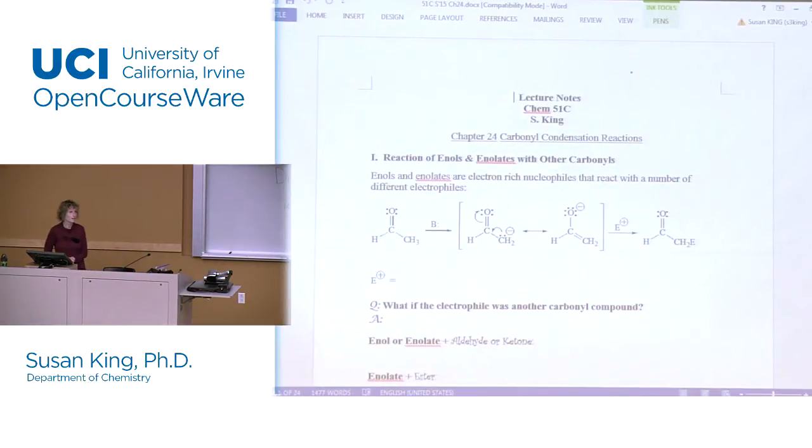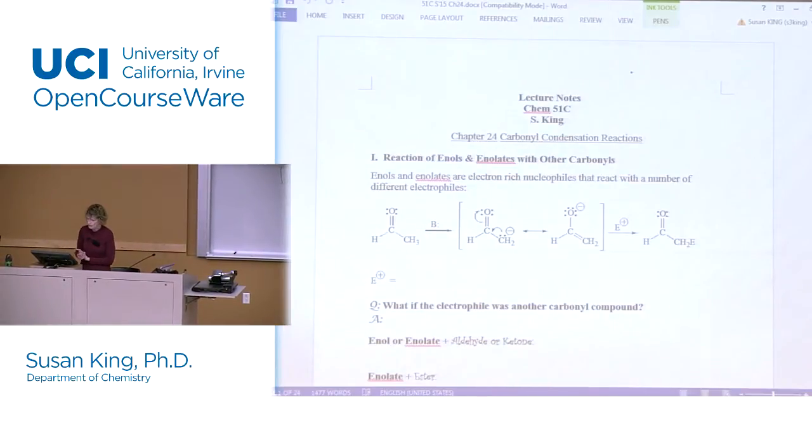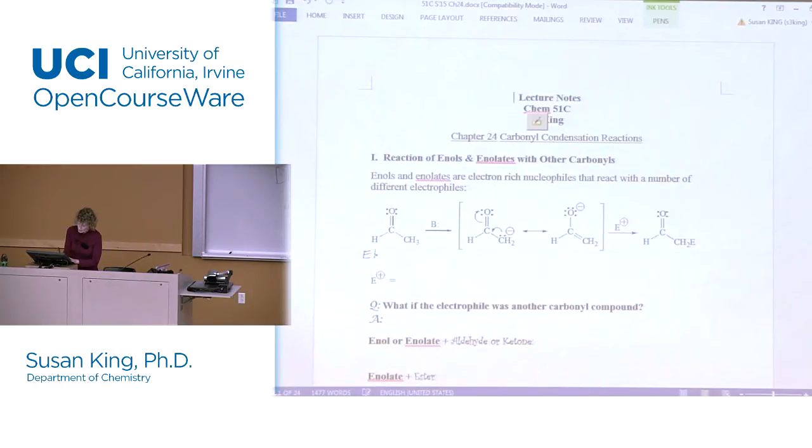So we know that enols and enolates from chapter 23 are electron-rich nucleophiles. They can react with a number of different electrophiles. We have our carbonyl compound, which is an electrophile, because we have the partial positive charge on carbon. If we remove the alpha hydrogen, we get this electron-rich nucleophile.